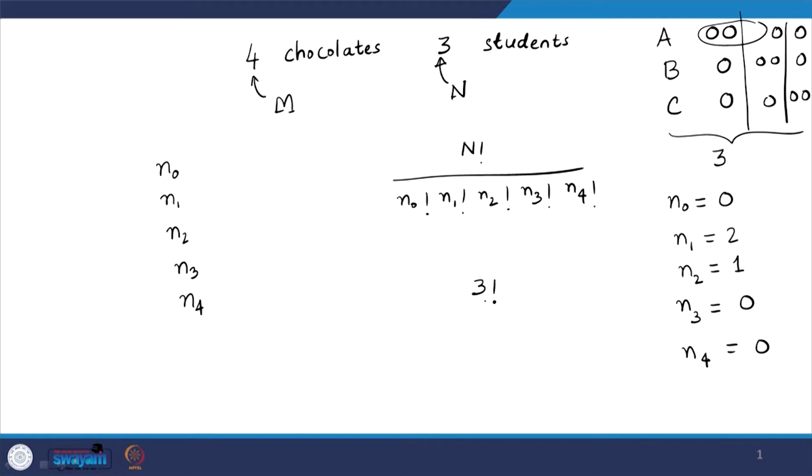So, we have 3 factorial divided by 0 factorial, 2 factorial, 1 factorial, 0 factorial, 0 factorial, and you can see 0 factorial is also equal to 1, 1 factorial is also equal to 1, and 3 factorial by 2 factorial is equal to 3. That is the same as the number of ways we have seen in the example, right.